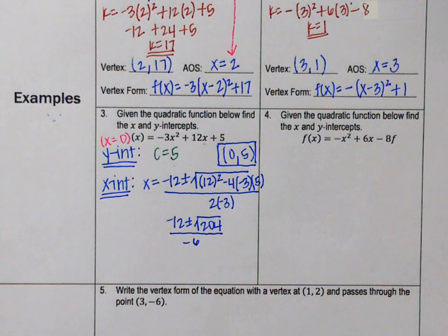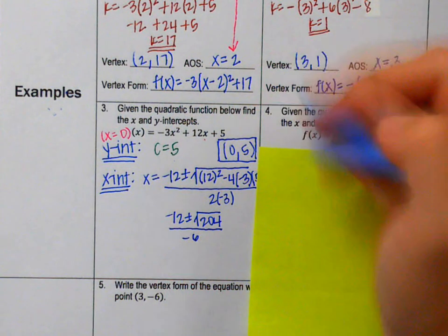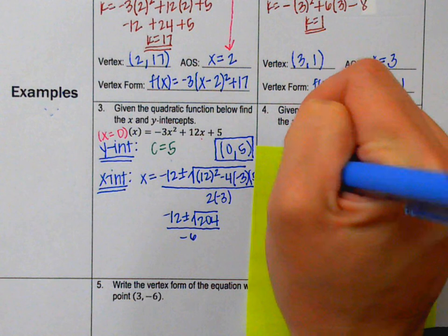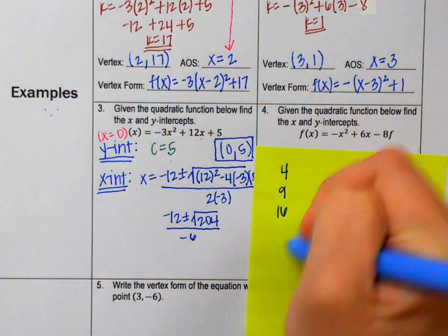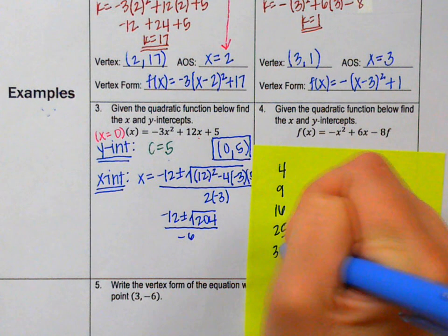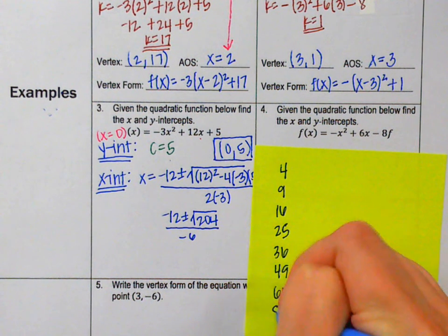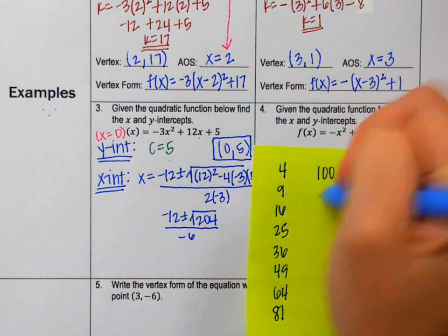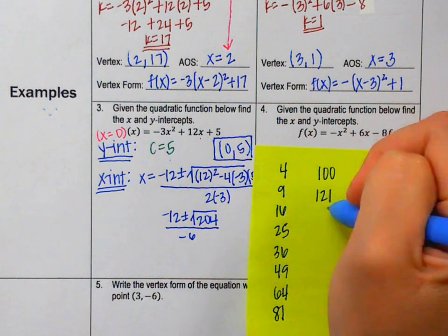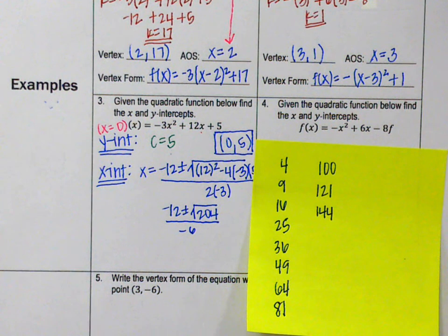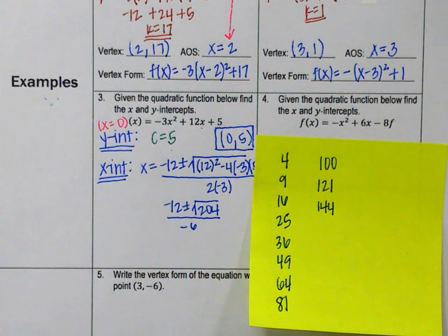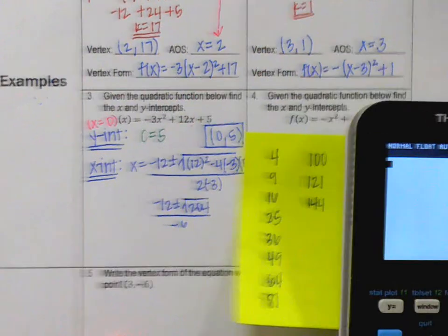So your perfect squares, remember, are, I'm just going to write it quickly: obviously 1, but we're not thinking about 1, but 4, 9, 16, 25, 36, 49, 64, 81, 100, 121, 144, and so on and so on. So when I'm going through 204, there's a few ways that you can decide if you can simplify this or not. I just basically do trial and error with those numbers.